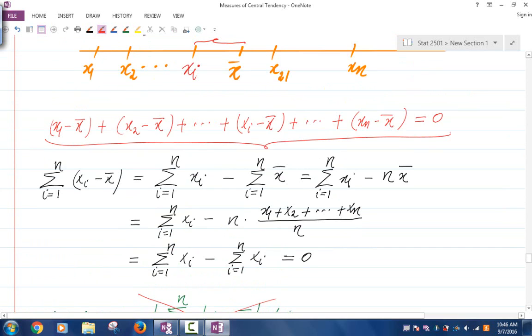If you know the first n minus 1 summands on the left hand side of that equation, the nth summand can be determined from those other summands, right?